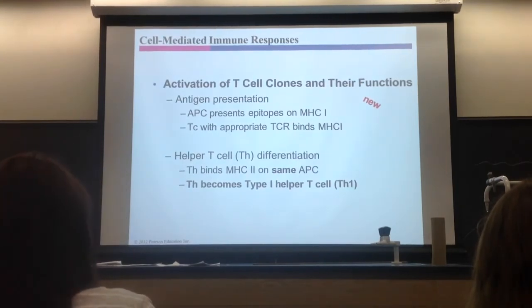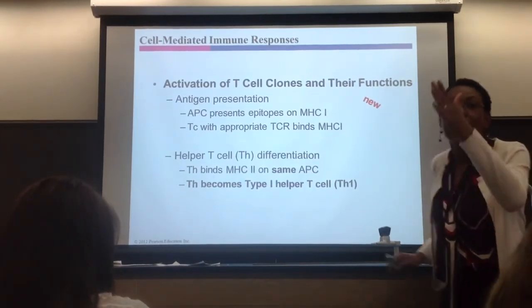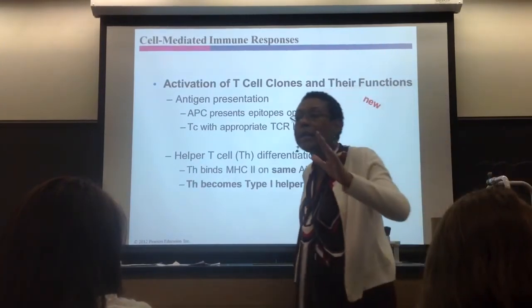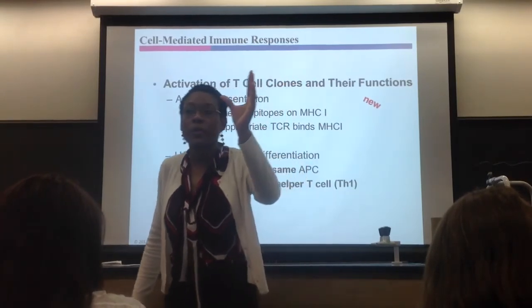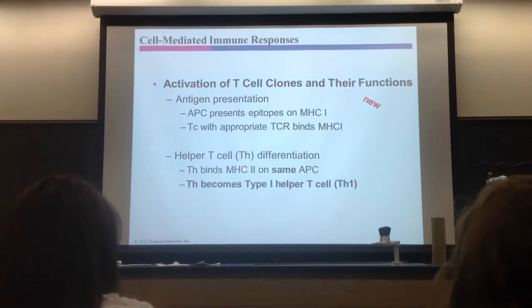If they are an immune cell, they're going to have both types, MHC1 and MHC2. Now keep in mind, they're going to be binding the same epitope. So far, so good? You got to know this, I'm telling you straight up.